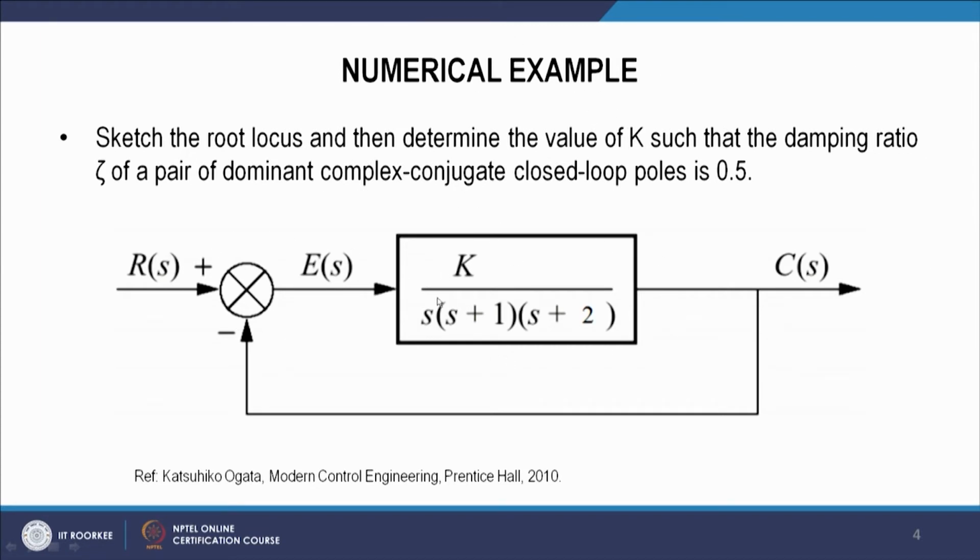This example is taken from the reference book, K. Ogata, Modern Control Engineering. We have to sketch the root locus first, and find the value of k when the dominant complex conjugate poles are on the line of damping equal to 0.5.